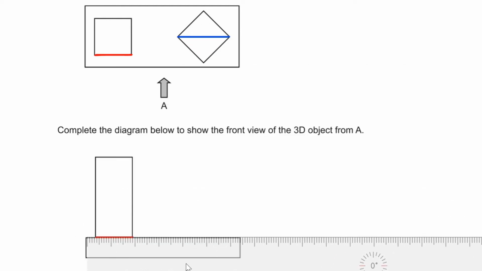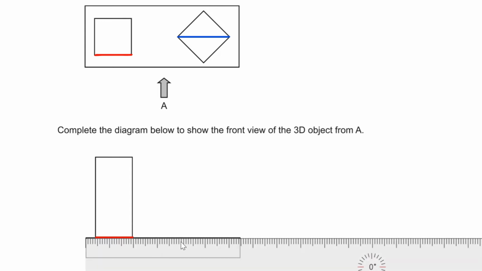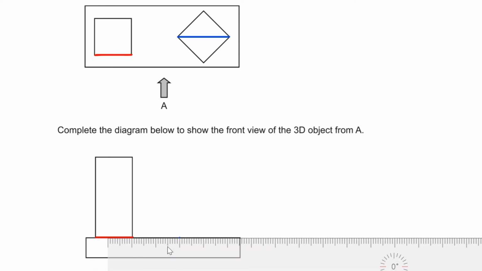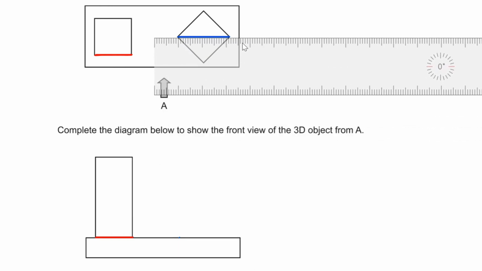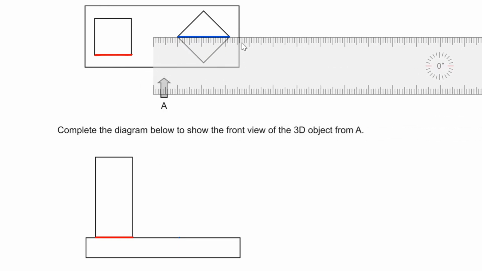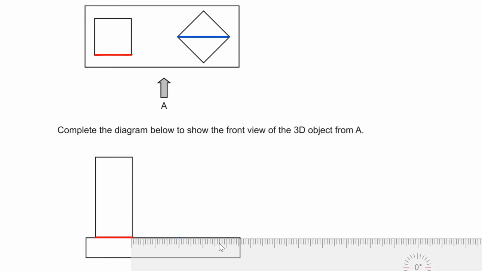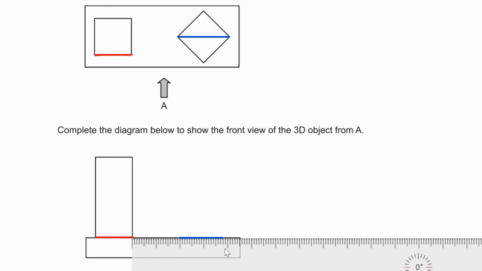So after 1.9 centimeters, we have 2.2. So from here, we have roughly, well, let's check that again, that is indeed 2.2. So from here, we've got 2.2.